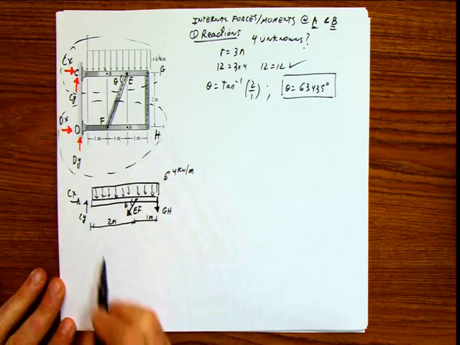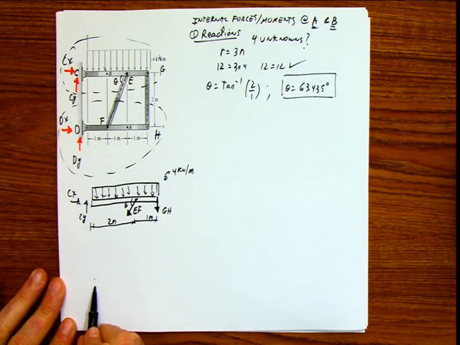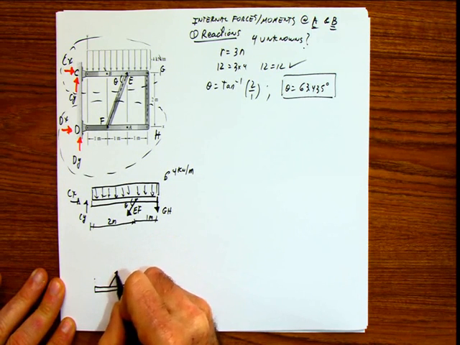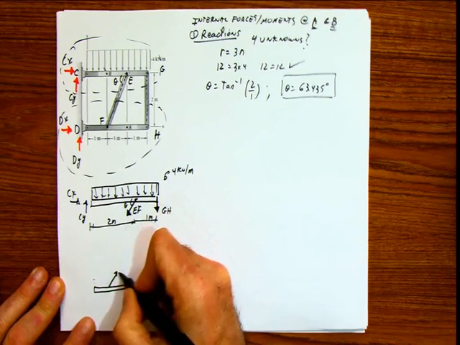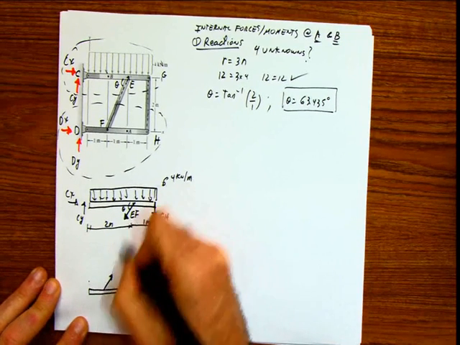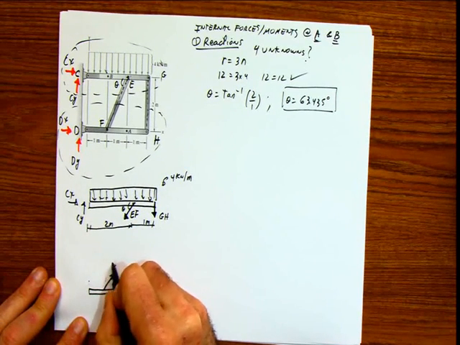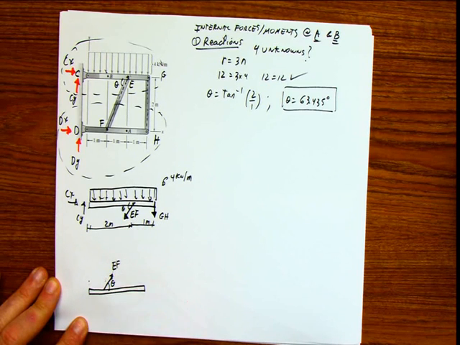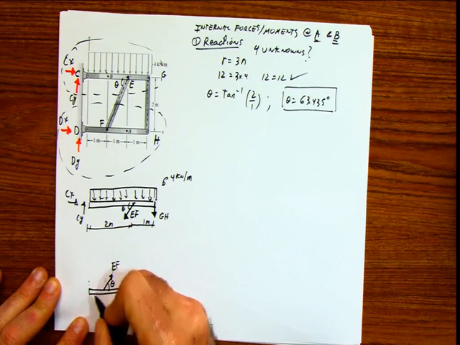Now if I use this part, we have the bar, and we have the force EF in the same direction. I know it looks off here, but this is supposed to be the same direction, EF. So if this is EF, this is the angle theta also.